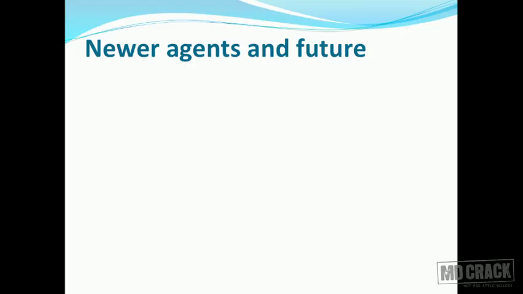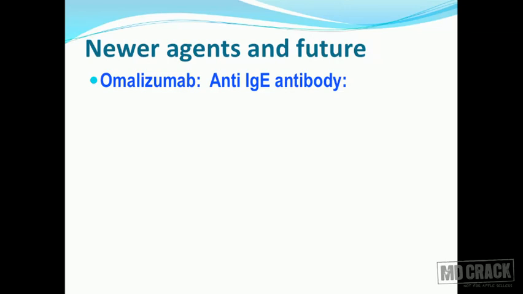Let's come to the next slide to see the newer agents useful in bronchial asthma and what's the future. Amongst the newer agents, we have one agent available. It's called omalizumab. It's ending with the spelling MAB, which tells you it's a monoclonal antibody. Omalizumab is a monoclonal antibody to the IgE antibody.